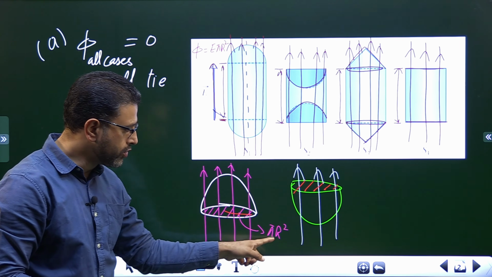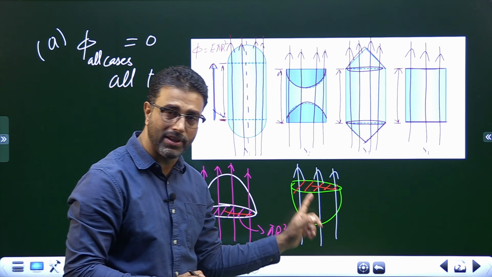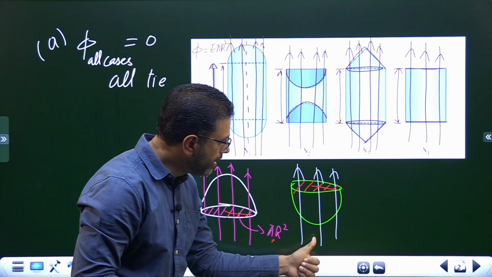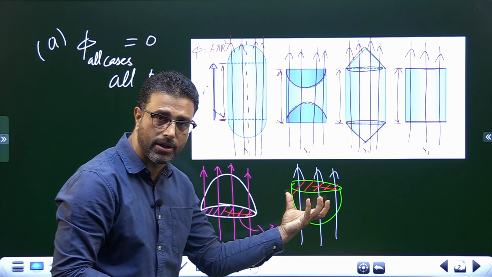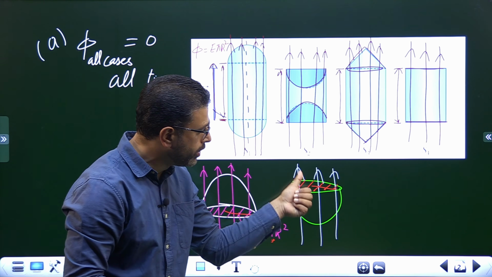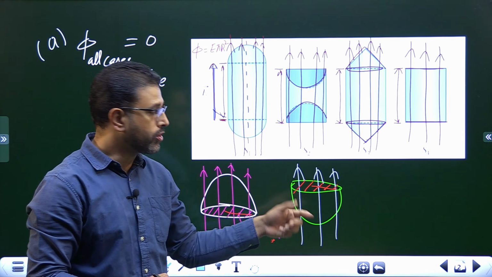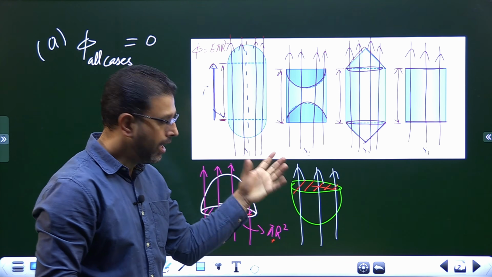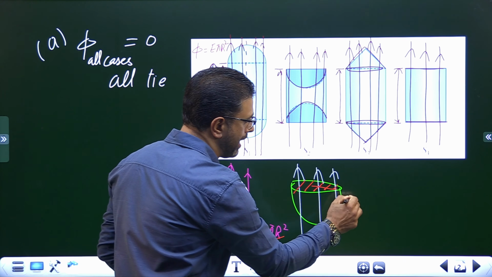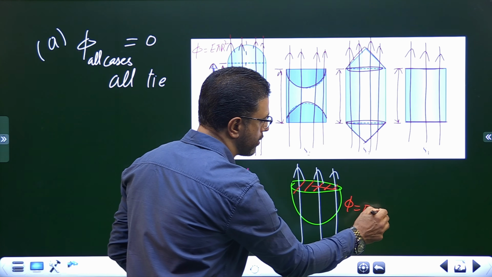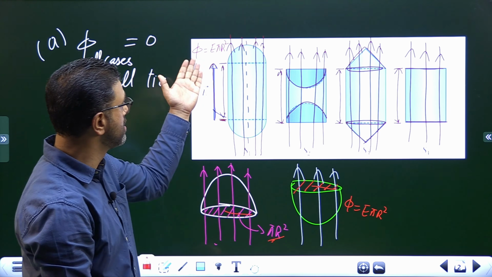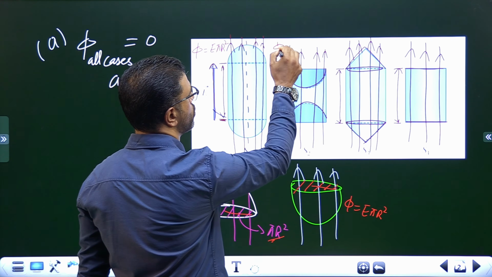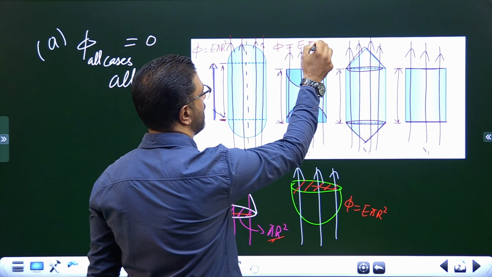This one, we assume radius to be r. This one will also have the same radius r. Now again, the number of field lines going through the hemispherical surface is the same as the number of field lines going through this disk. So flux through the hemispherical surface is the same as flux through this disk, which is phi is equal to E into pi r square. Exactly the same as this one. So flux here through the top is again E into pi r square.